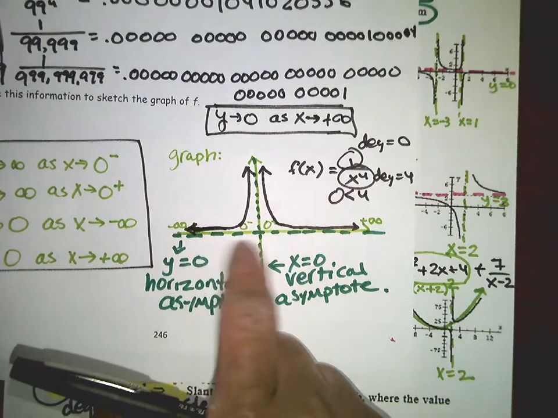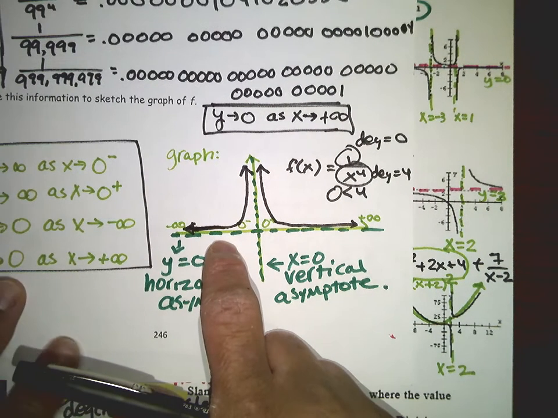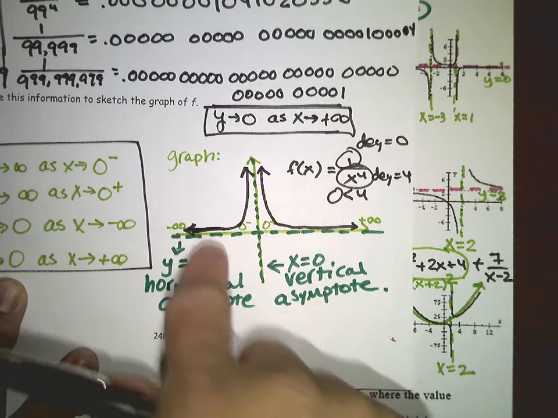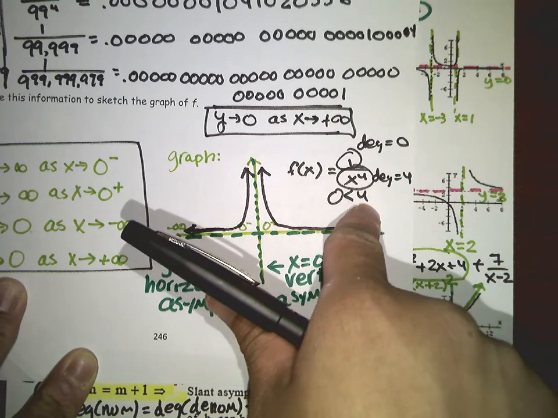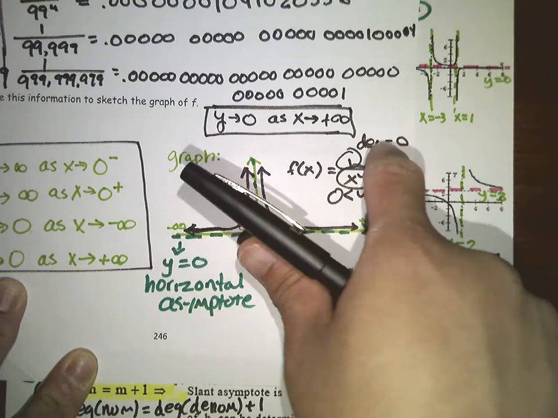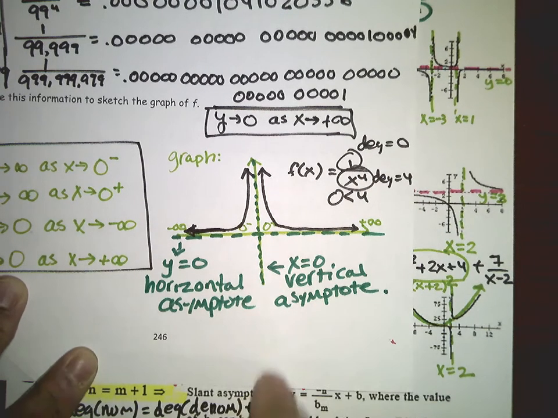All right, so that's what I'm talking about here: I could have saved myself all of this work by just looking at the degrees like this and seeing that since 0 was less than 4, there was a horizontal asymptote of y equals 0.